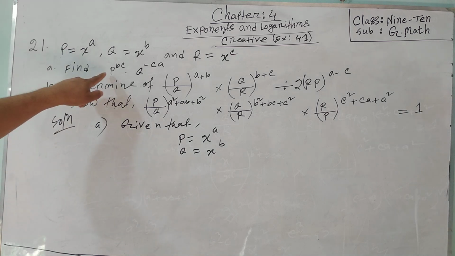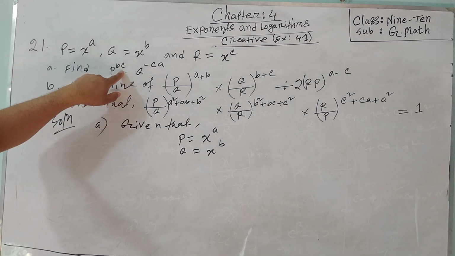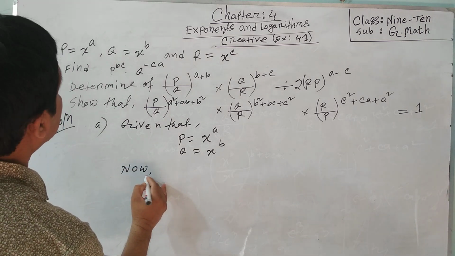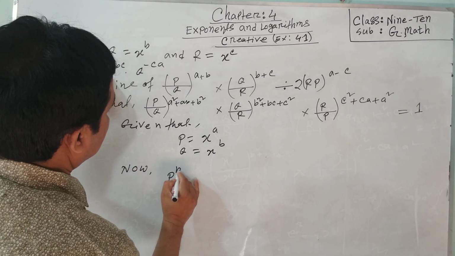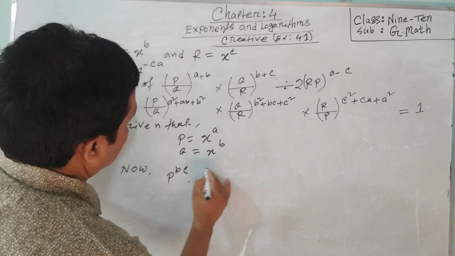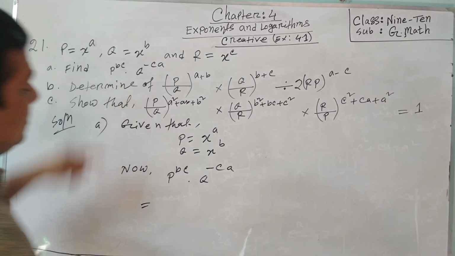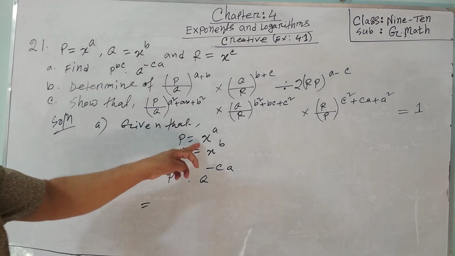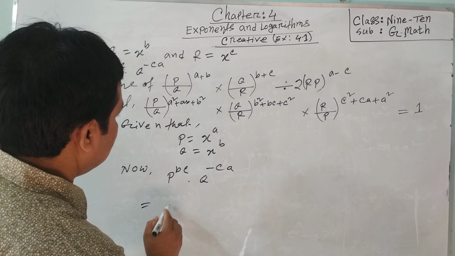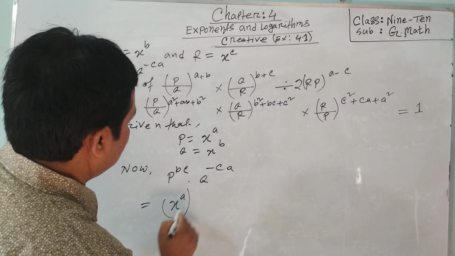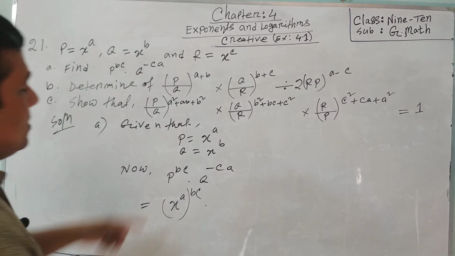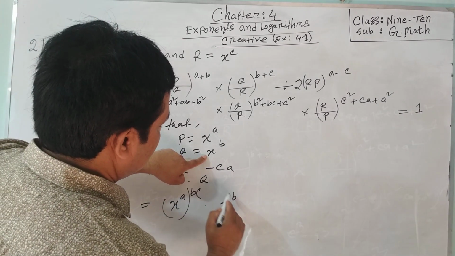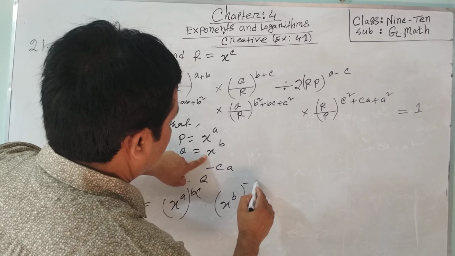We have to solve p to the power bc dot q to the power minus ca. We have to put the value of p and q. Here the value of p is x to the power a, (x to the power a) to the power bc, dot the value of q is x to the power b, (x to the power b) to the power minus ca.